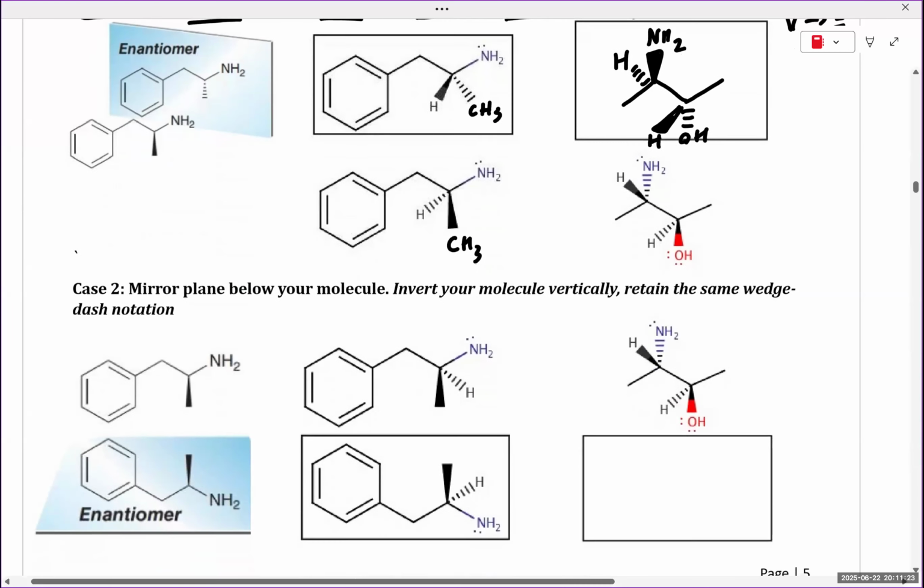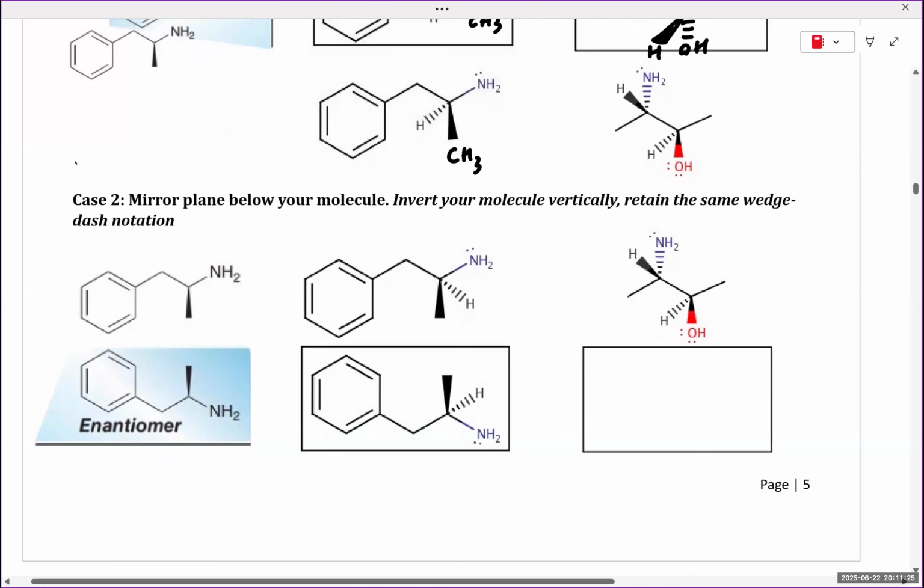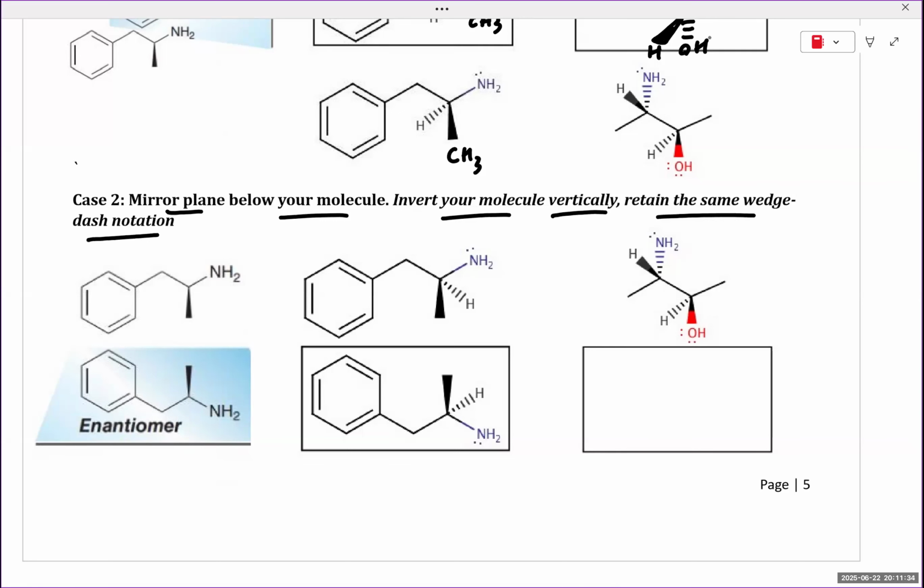The second way that you can draw an enantiomer is using a mirror plane below your molecule. In this case, you invert your molecule vertically, but you retain the same dash wedge notation. So in this case, you're essentially taking the skeleton and flipping it 180 degrees, like you're flipping a pancake.